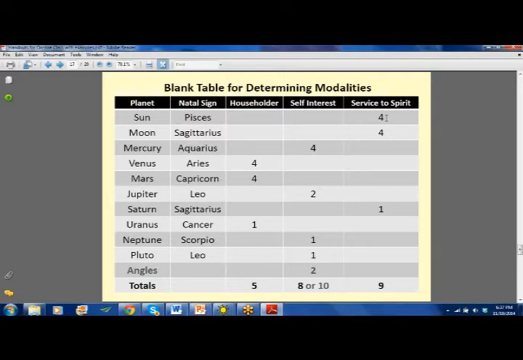So this can just be really helpful to know. You can get a really quick sense if you know what these signs are when you're looking at a chart and you see that somebody has maybe a lot of self-interest, that can tell you something about them. If you see that maybe they have a lot of in service to spirit but they're moving towards self-interest or the other way around, that gives you information about them.